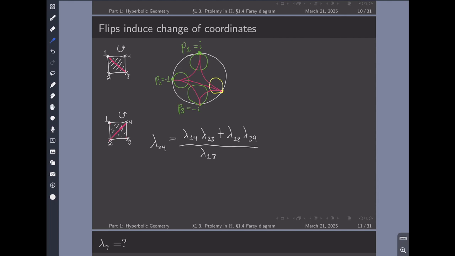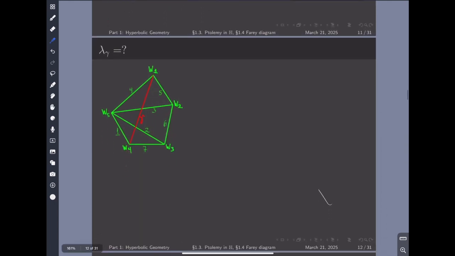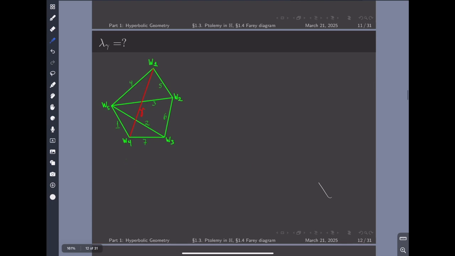So that's one thing. And now, of course, something I would like is, you see, now I'm talking about a pentagon. And I know that the triangulation you are seeing there gives a parametrization of the decorated Teichmüller space of the pentagon.